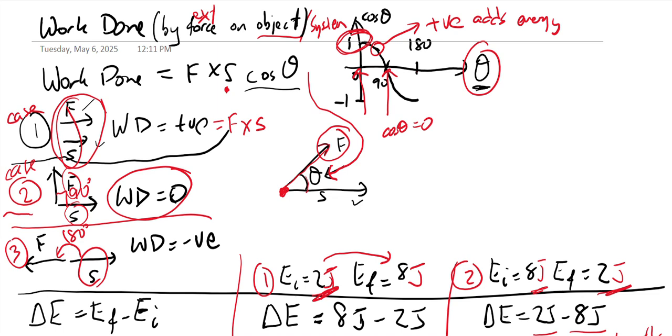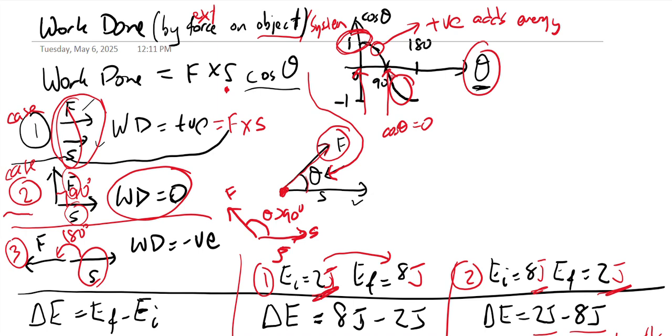Even before part 3, I can show another example like that. If the displacement is in this direction and the force is like that, as long as theta is greater than 90 degrees and underneath 180 degrees, the force will do negative work on the system. How do we know? We can look at this graph again. You can see 90 degrees is the threshold that we discussed just now, which is case 2.